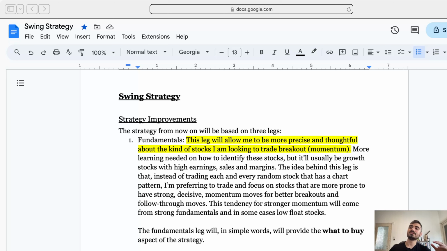Okay, guys, so instead, as I just read, instead of buying each and every random stock that I see a classical chart pattern in, I want to be more thoughtful about what kind of stock I'm buying or entering.